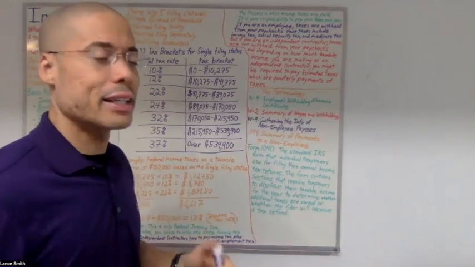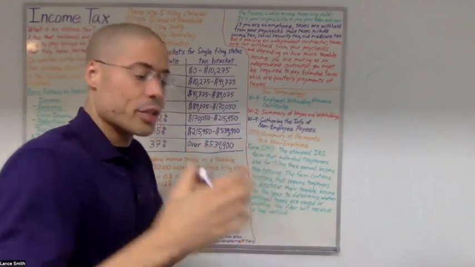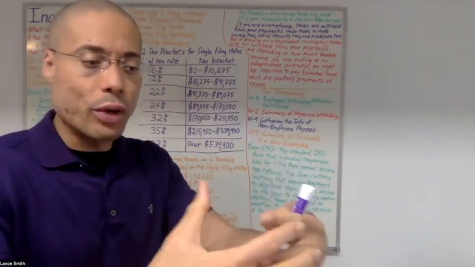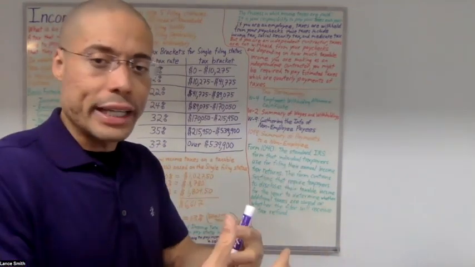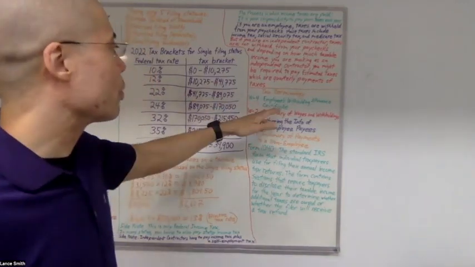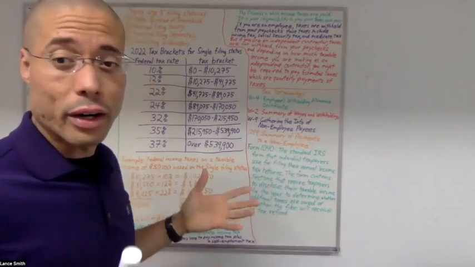So basically, in other words, it's the form that informs the employers regarding how much taxes they need to withhold from their employees' paychecks. And so it's the employee's withholding allowance certificate. A W-4.